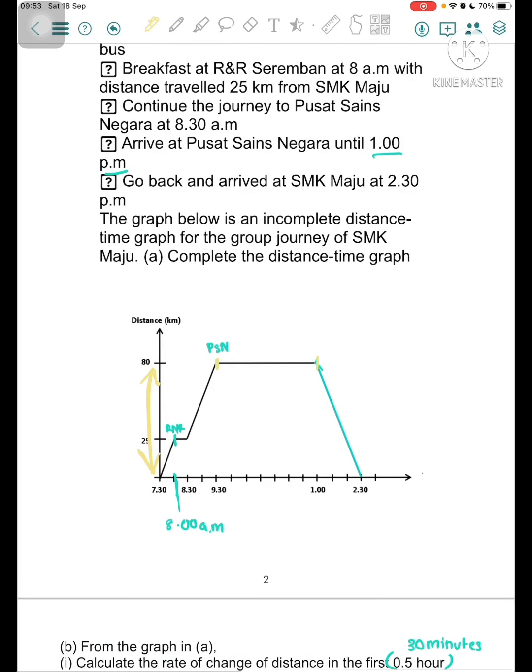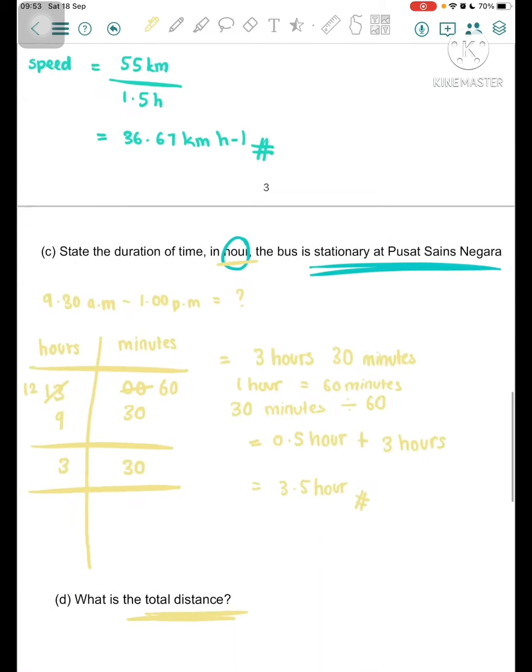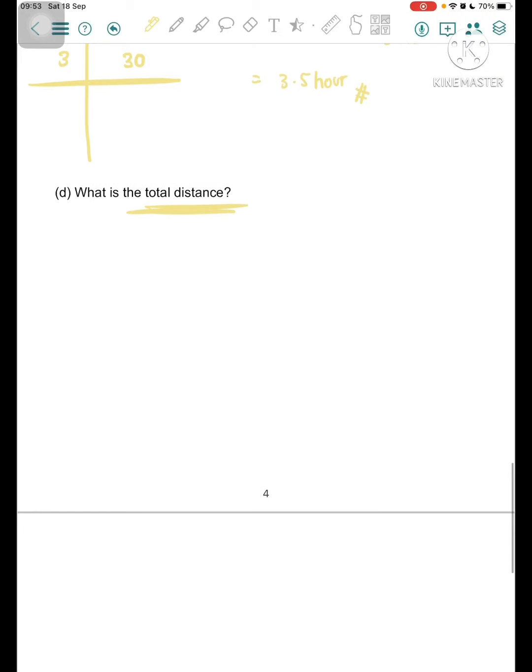When going to Pusat Sains Negara is 80 km, the distance going back from Pusat Sains Negara to SMK Maju is also 80 km. So 80 km times 2 is equal to 160 km. Okay, this is the answer.